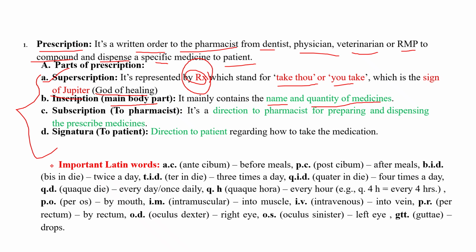That amount as well as the name of that medicine is to be incorporated in this body part. That is inscription. I for inscription, I for ingredients, nothing but the medicine, its quantity as well as name.